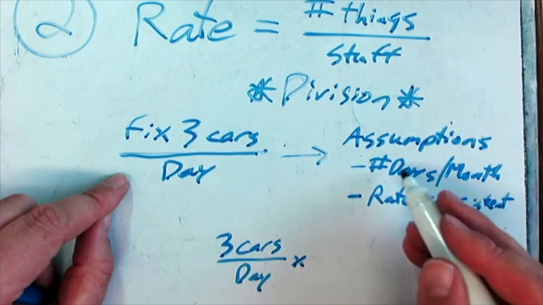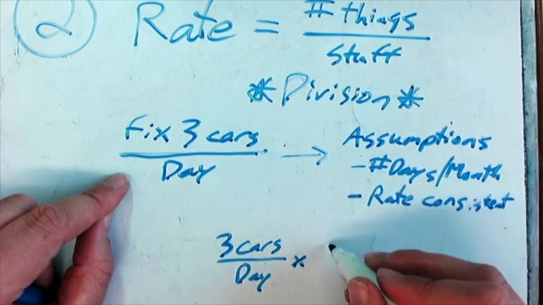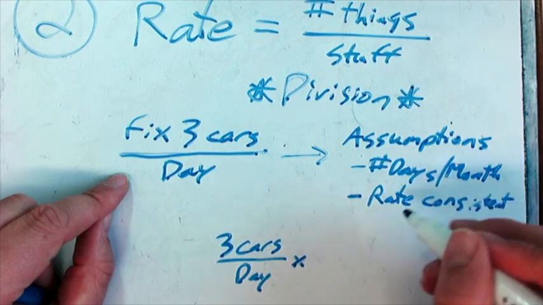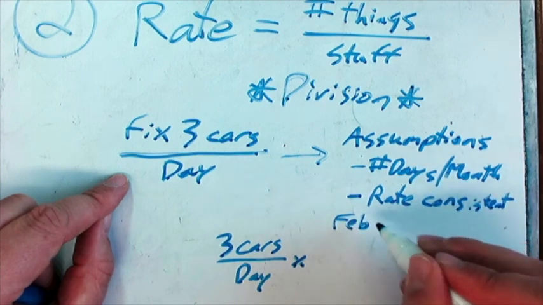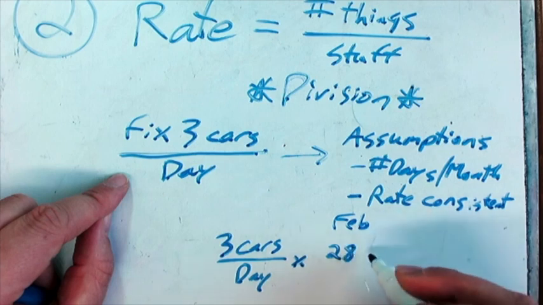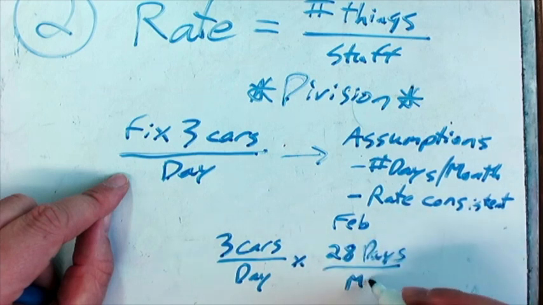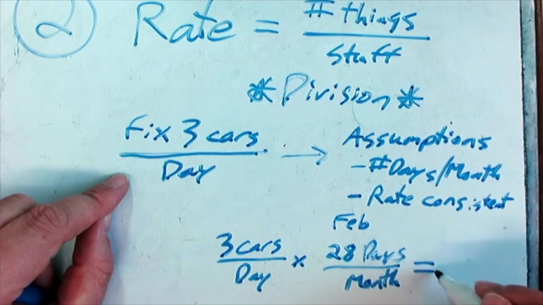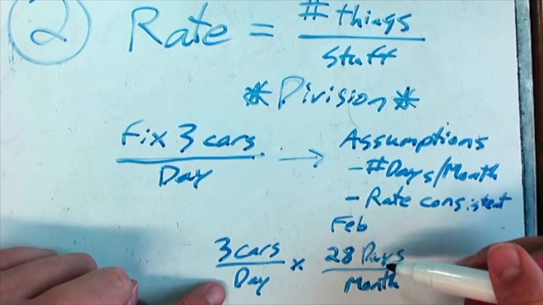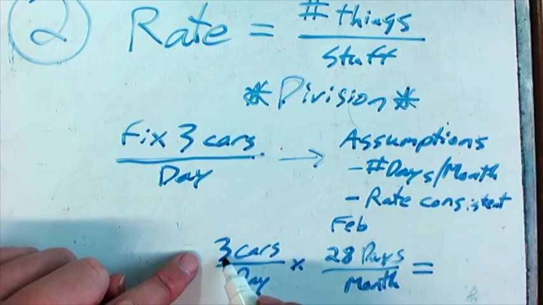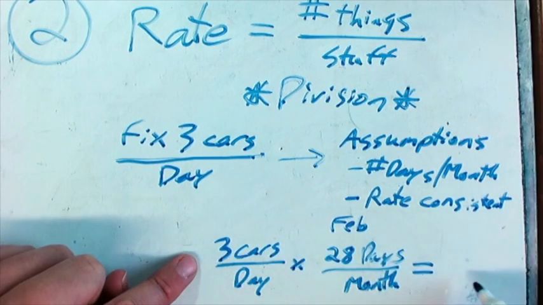So let's assume we're in February here, which means that there's 28 days per month. See how this thing is happening where day and day are on the top and the bottom, which means we can cancel them, which means we're left with cars per month.